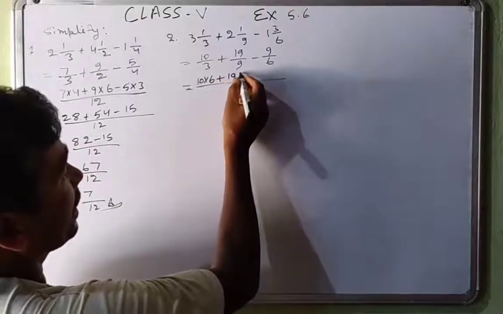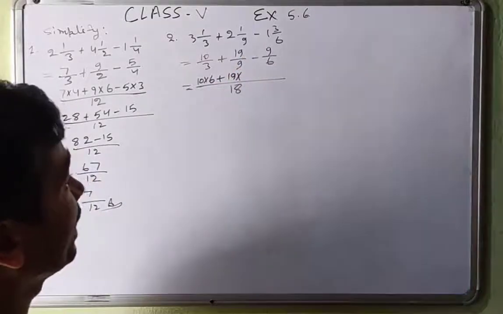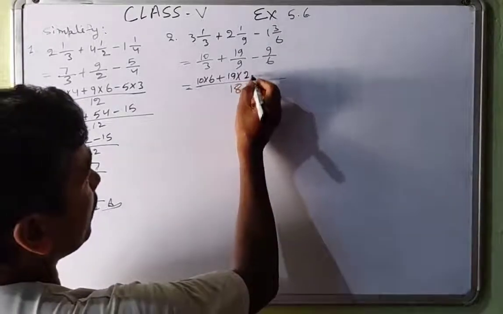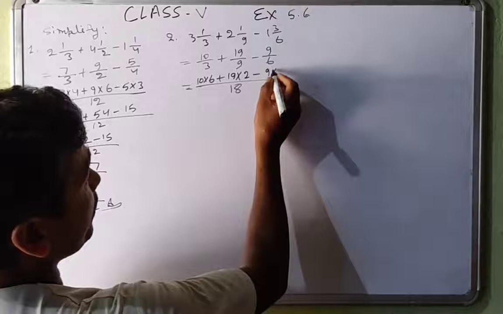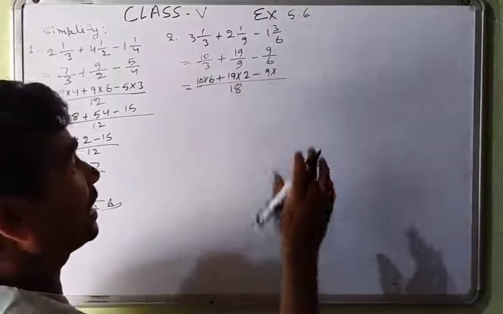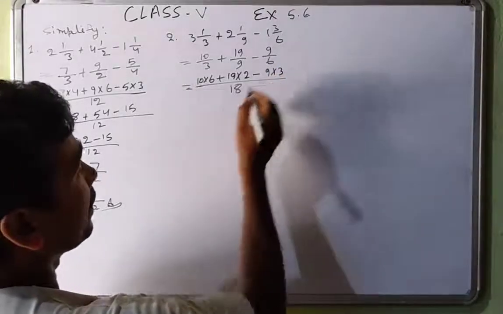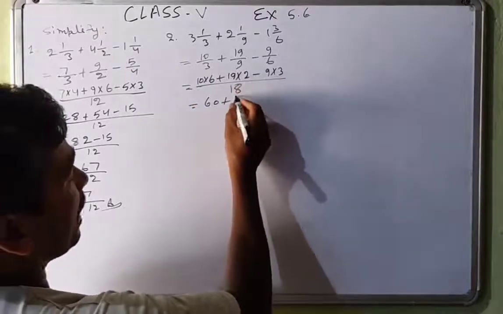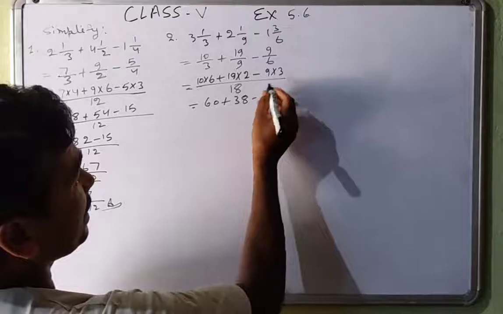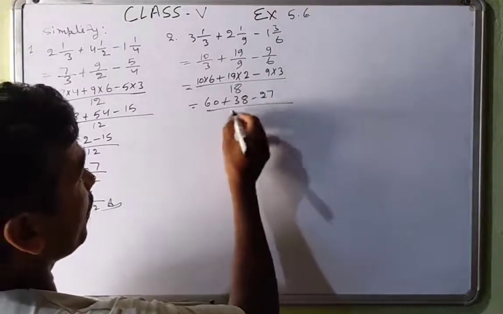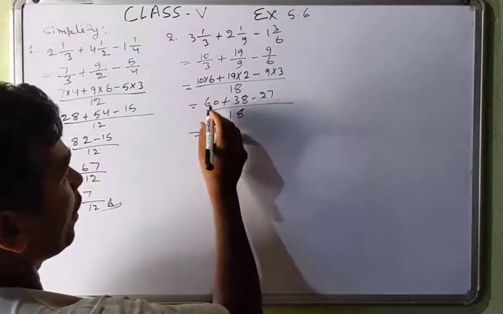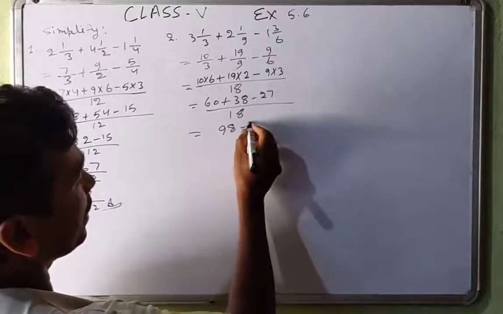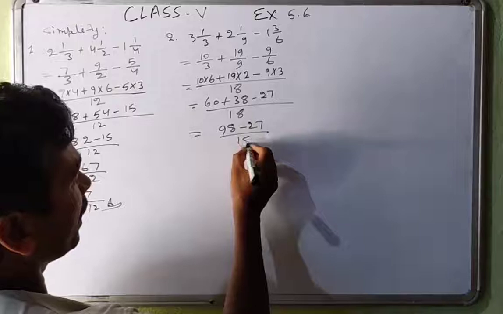Plus 19 multiply, now the table of 9, 9 twos are 18, so 2. Minus 9 multiply 3, 3 sixes are 18, so 3. That is 10 sixes are 60, plus 19 twos are 38, minus 9 threes are 27, upon 18.